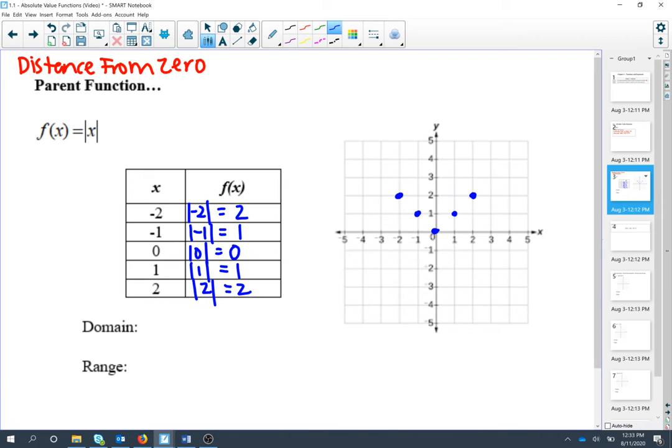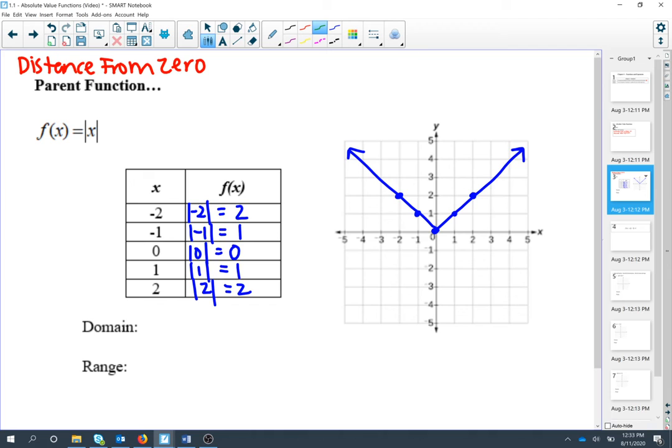This makes a V. So when you're graphing absolute value functions, they do have essentially a constant rate of change on the left and then a constant rate of change on the right. So it does make that very sharp V with the vertex at the bottom or the vertex on the top if it's flipped around. Unlike the quadratic function, which makes a nice U. Okay, so make sure you differentiate between which one you're graphing.